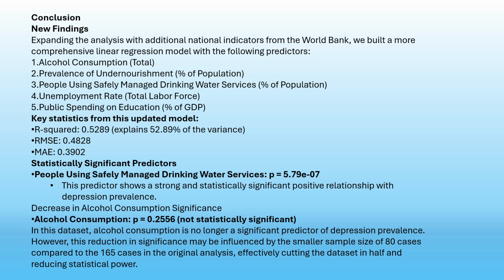I went from 165 cases to 80 cases, because while I had 165 cases with alcohol data and depression data, I only had 80 cases where I had the data for all the variables that I was looking for. And I think cutting that sample size by so much, also some of the countries that were there, like I think I had Russia and Ukraine, which aren't in this study, took away from the importance that alcohol consumption had on depression prevalence in that study.